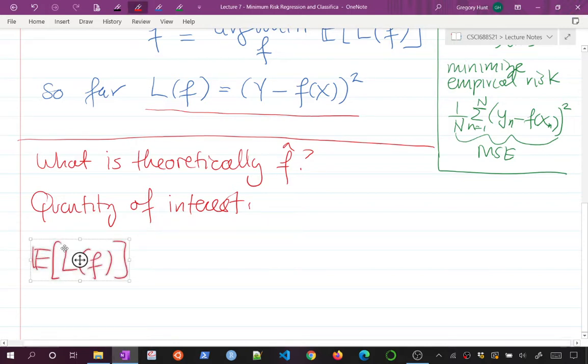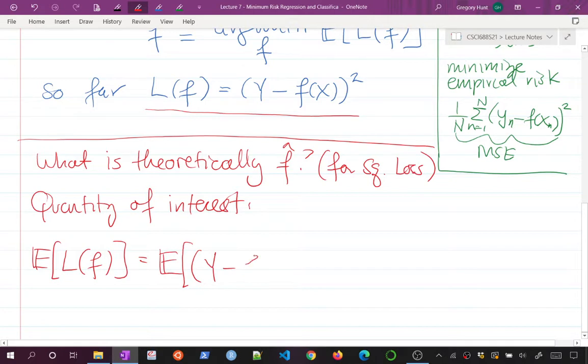So this is the expected value, in our case, if we're going to use the squared error loss, of y minus f of x quantity squared, right?